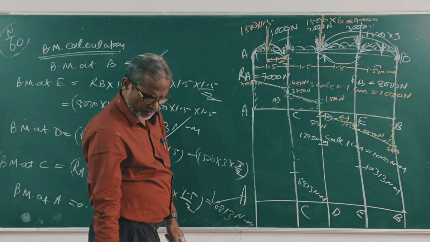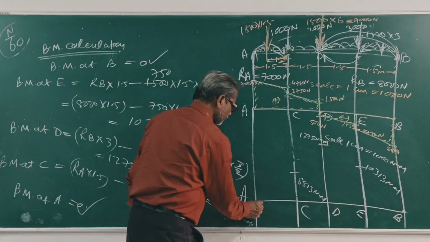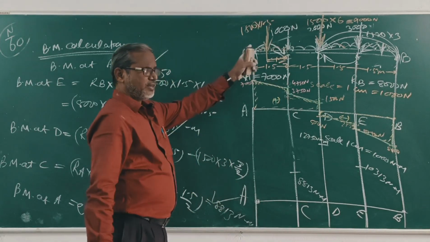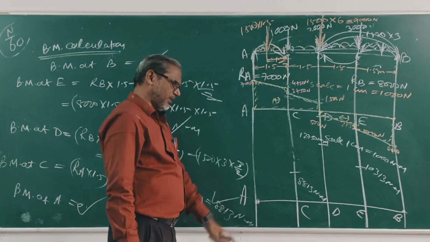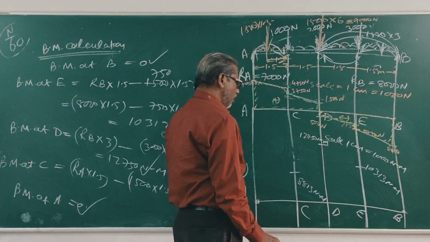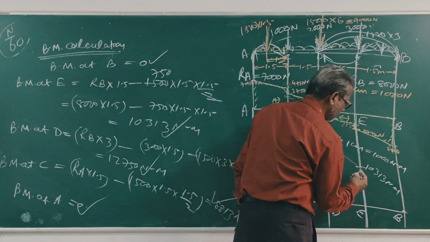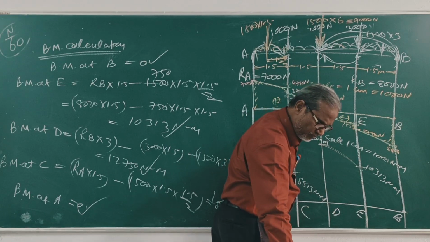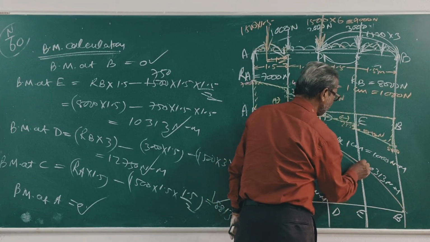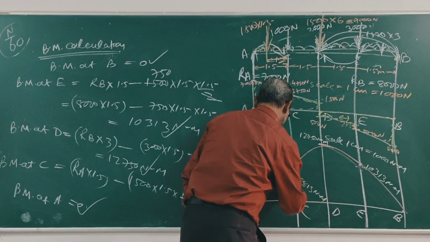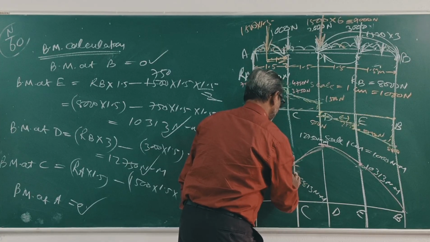Clear? It is 0. All are parabolic because this UDL is second degree of x, so all the diagram is parabolic. Right?